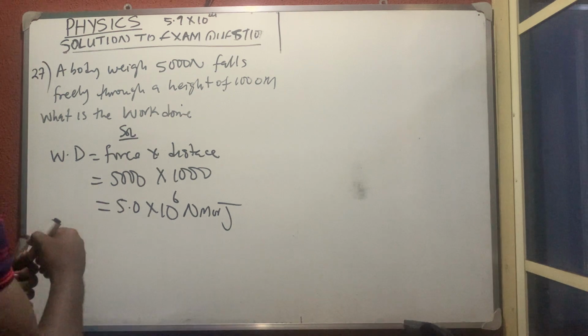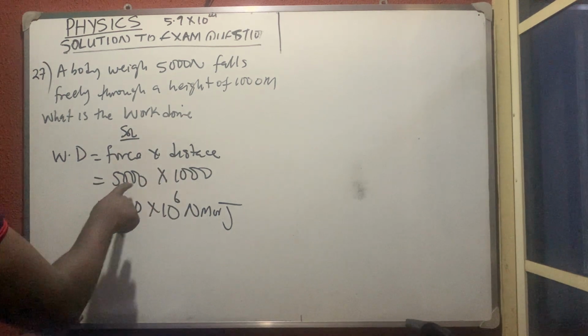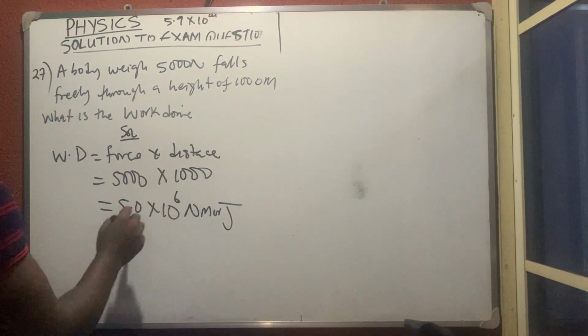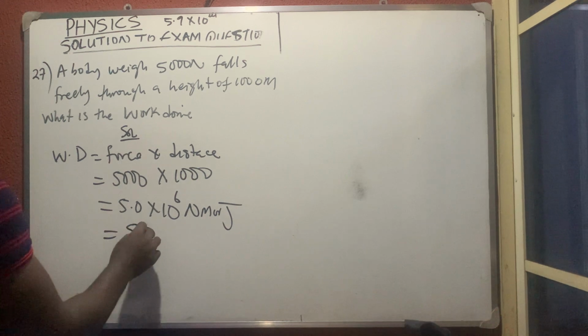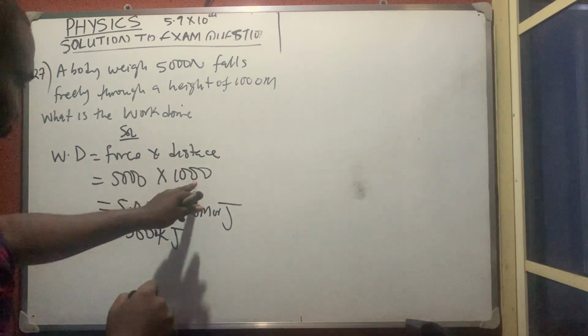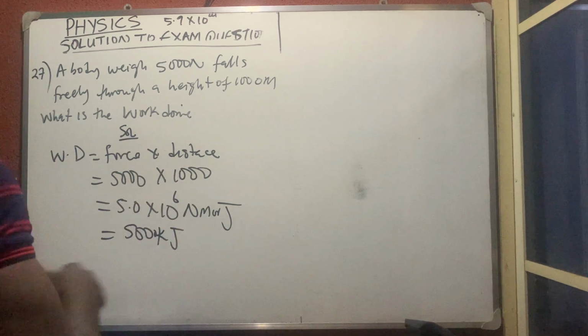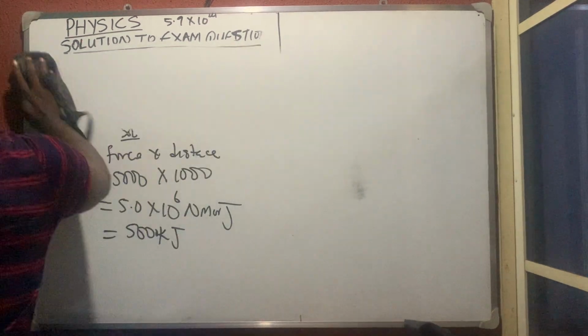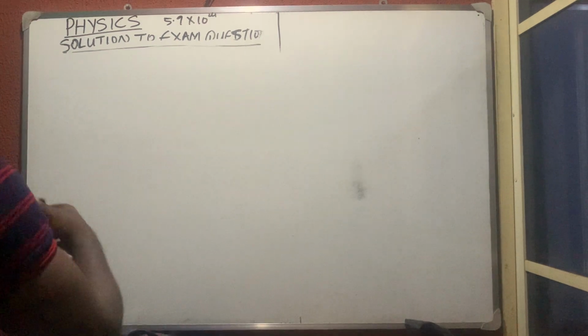If you want it in kilojoule, 1,000 means kilo, so that is 5,000 kilojoule.